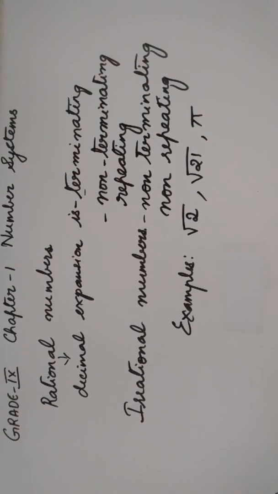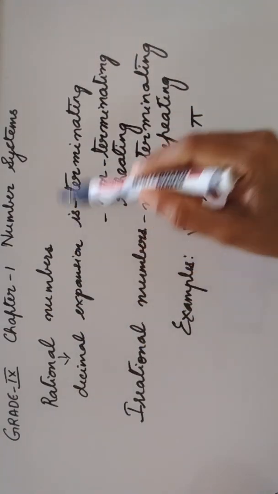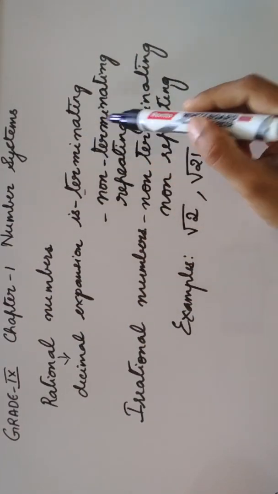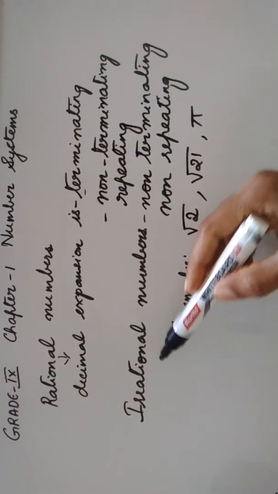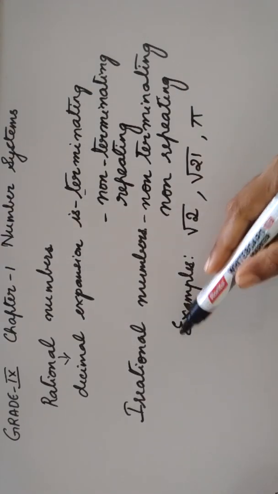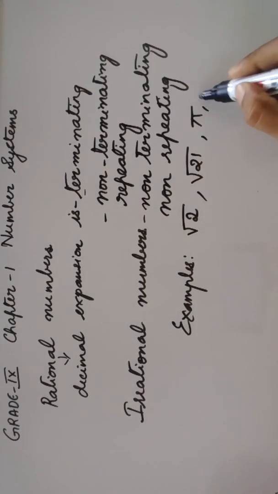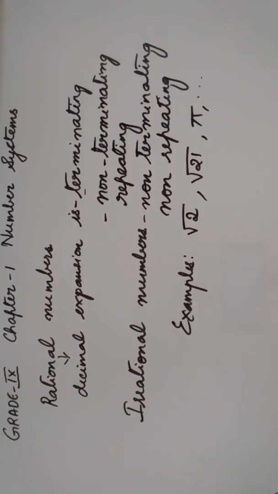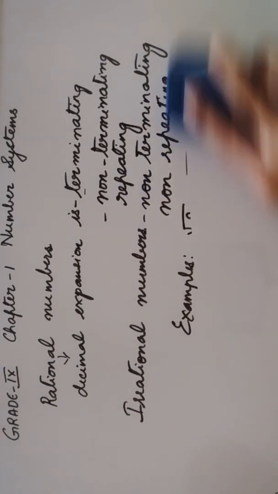Now, let us understand in detail about the decimal expansion of numbers. Just remember this, for rational numbers, the decimal expansion is terminating, or non-terminating and repeating, and in irrational numbers it is non-terminating and non-repeating, and the examples for irrational numbers are root 2, root 21, etc. Okay, now let us learn in detail about the decimal expansion of the numbers.